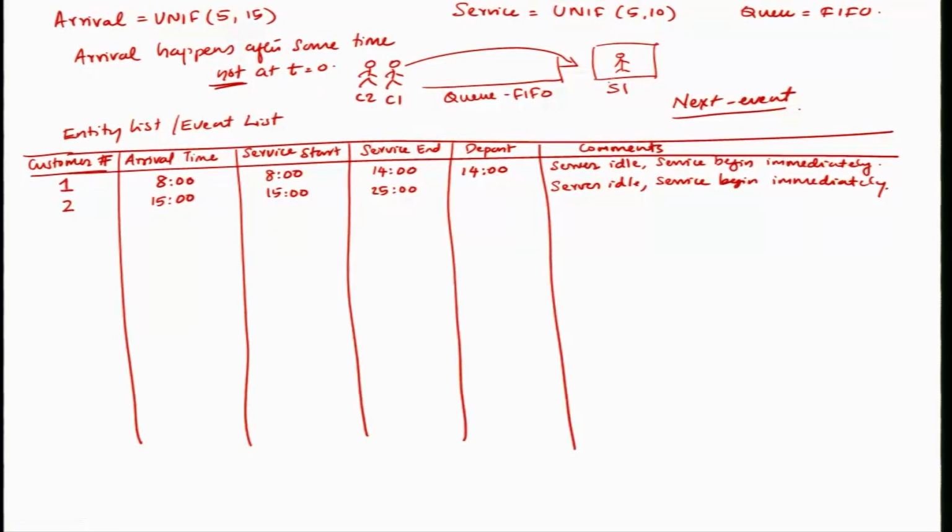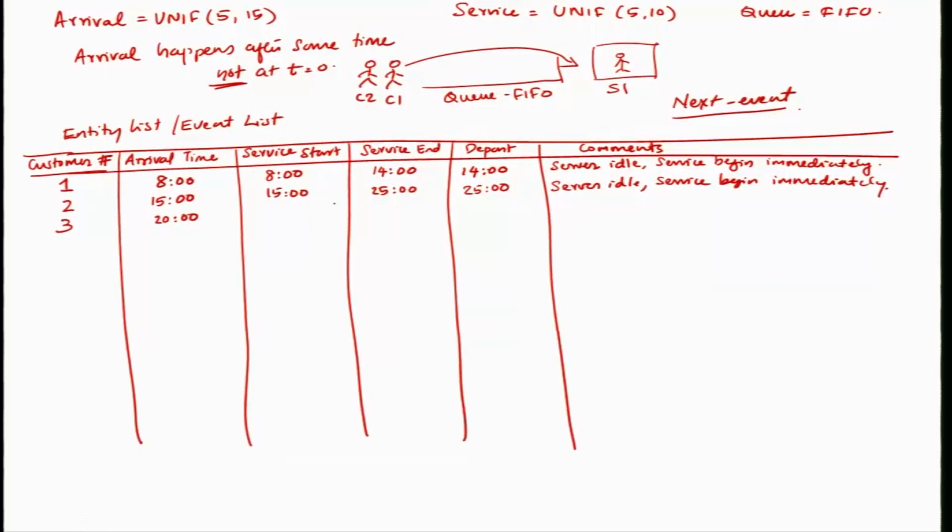I am putting it as 10 because any value between 5 and 10 is equally possible, and it will leave at 25. Now I am doing the next event, and I sampled the arrival time as 5. So, 15 plus 5, the arrival will happen at 20.